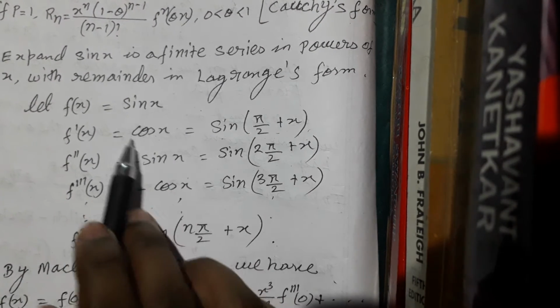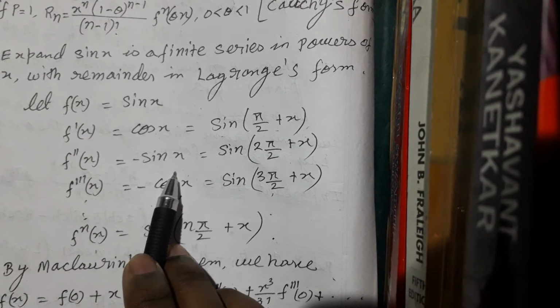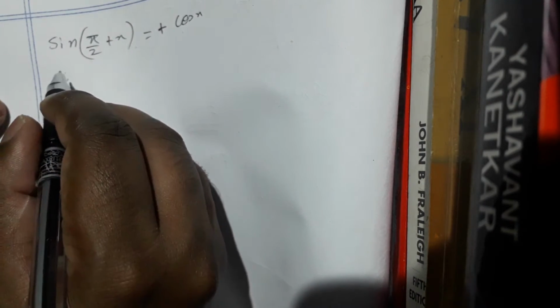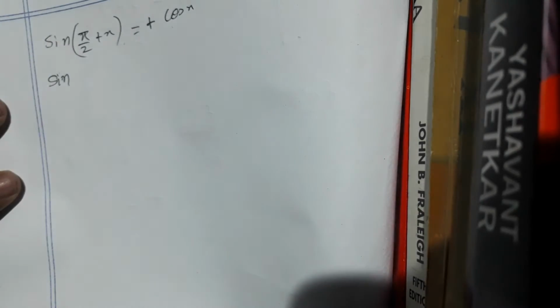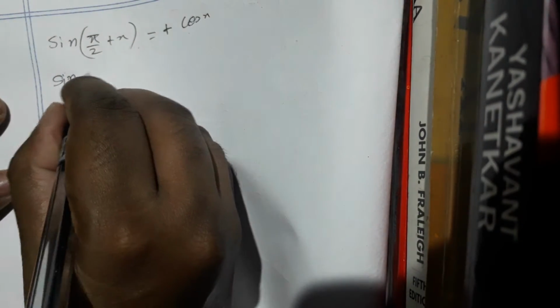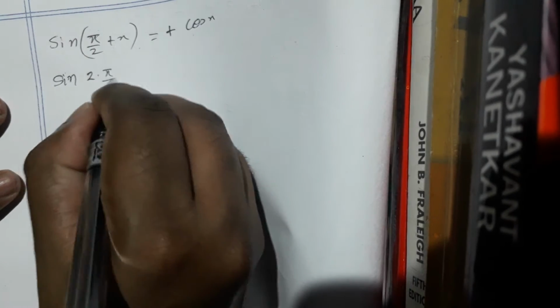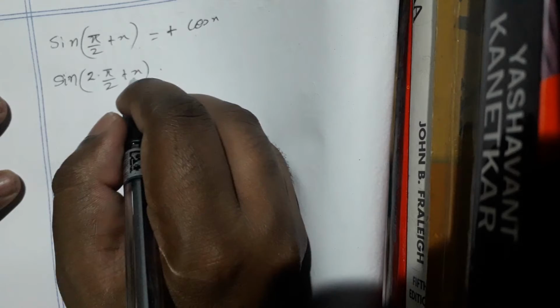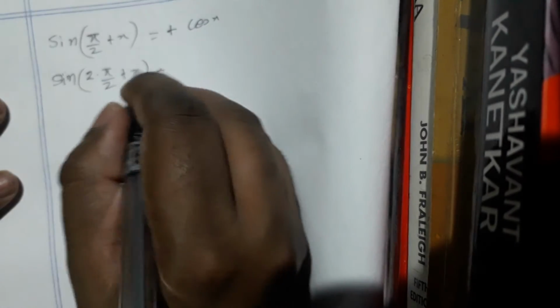If I differentiate cos x, I get nothing but minus sin x. This also I can explain here. We will have sin(2 into pi/2 + x), that is nothing but pi + x, which lies in the third quadrant.